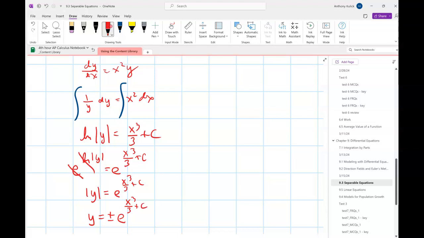But almost assuredly, this is not what an answer on a multiple choice test would look like. They would do this. Right? Because addition in the exponent is the same thing as multiplication of bases, and e to the c is just a constant.